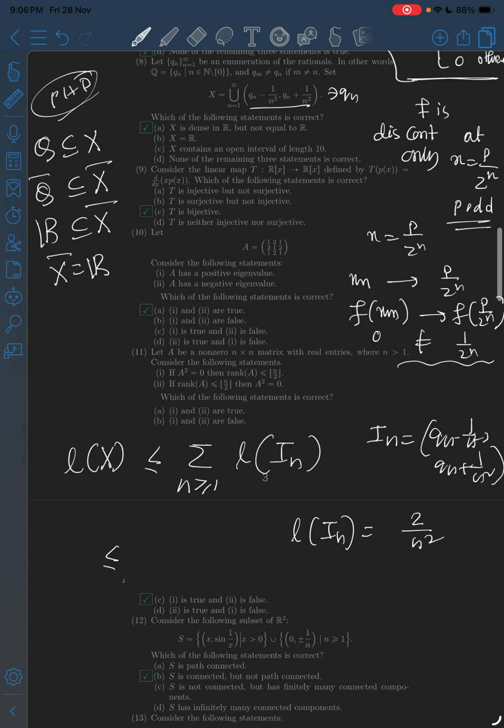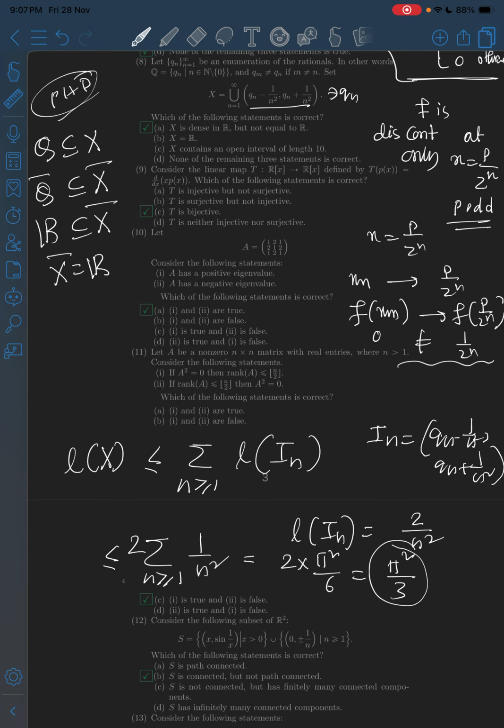So the length of x is less than or equal to summation 1 by n square times 2, and summation 1 by n square is convergent with sum pi square by 6. So this is 2 into pi square by 6, so the length must be less than or equal to pi square by 3. That means x cannot be the entire R, because the length of the entire real line R is infinite, but the length of x is less than or equal to pi square by 3.